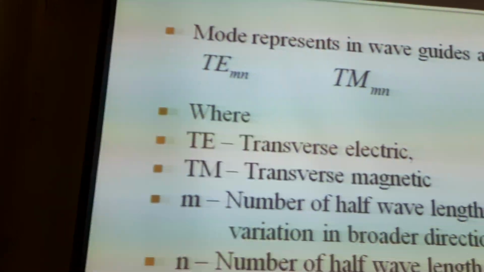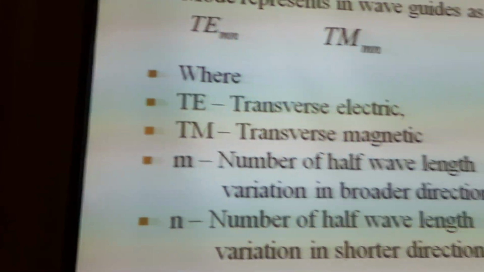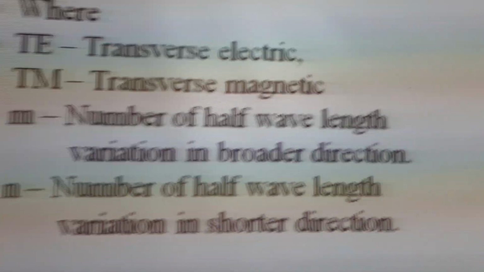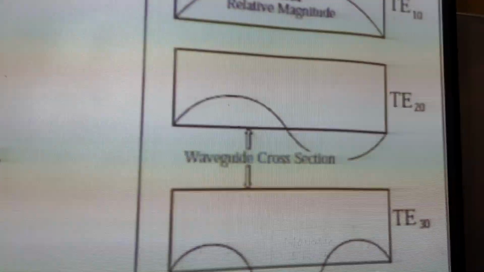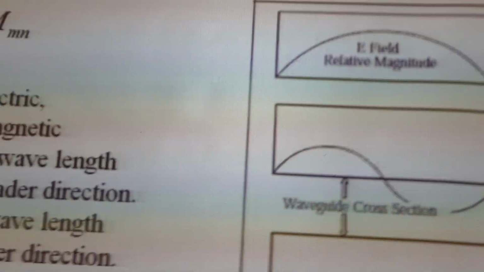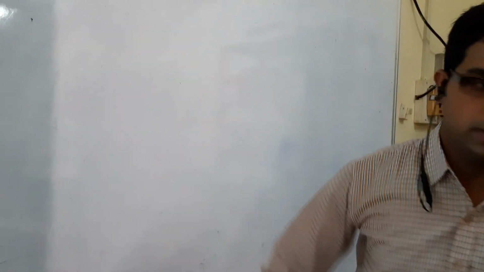Actually, while solving the wave equation, we have a solution, which we will study in the fifth module. In that equation, we have a case that sin theta equal to 0.